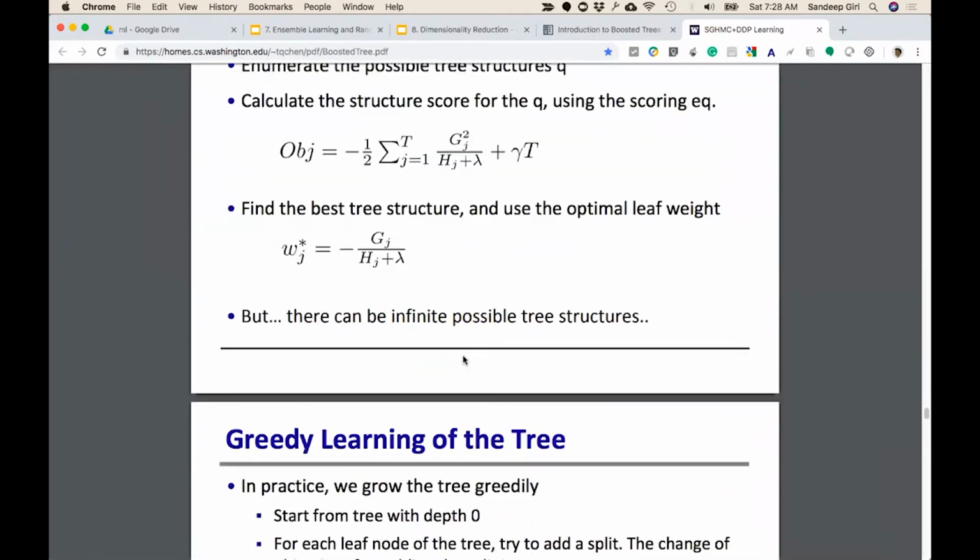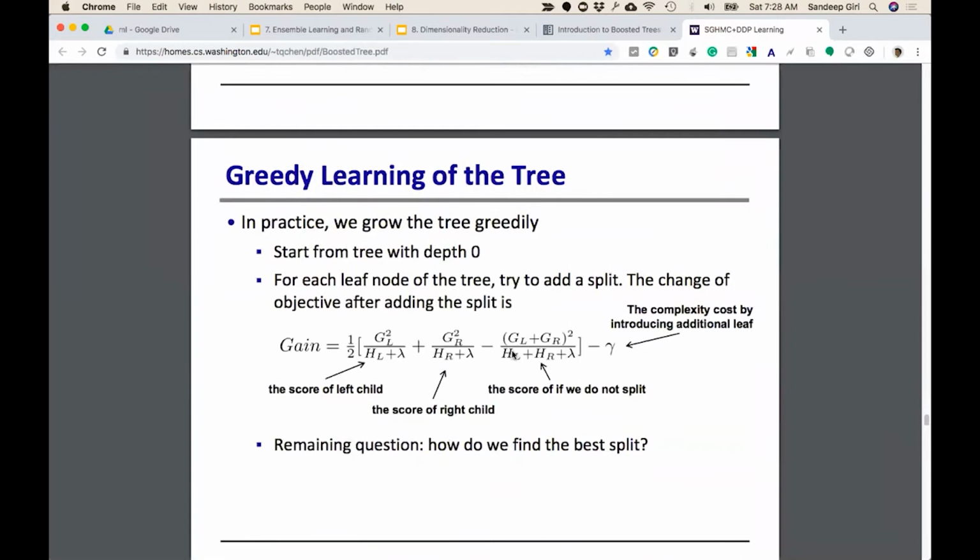And so on. So at every point of time, whenever we are adding or creating a new tree, we optimize upon the gain. This is the net gain.